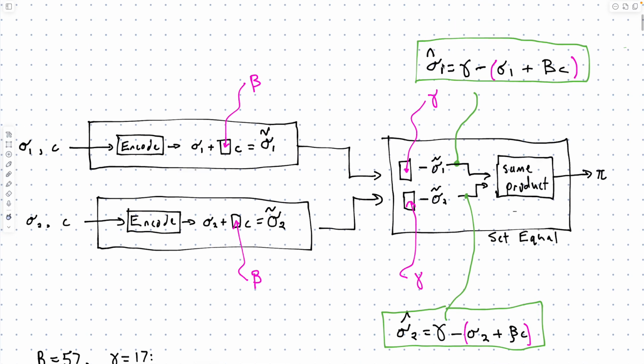Okay, so in other words, we're going to compute this as a vector of values, and we're going to compute this as a vector of values, and then we're going to prove that the product between the two are the same. Okay, so questions about any of this before we talk about how to prove that they have the same product?